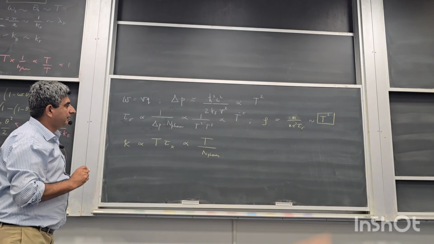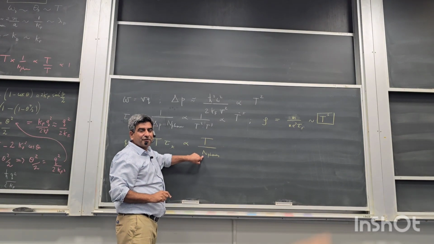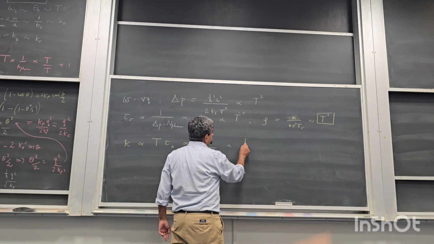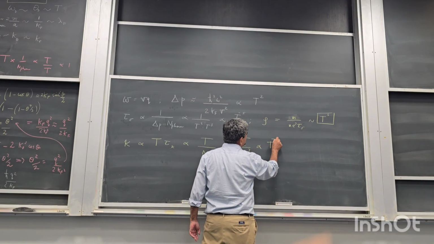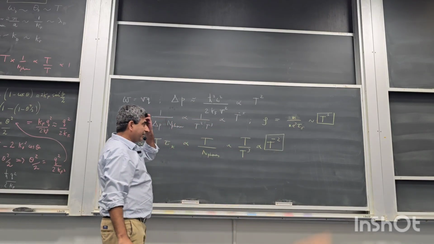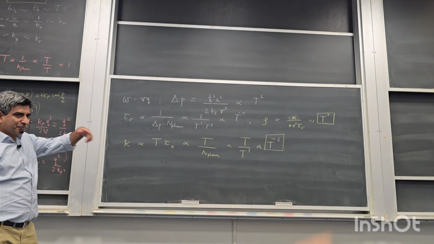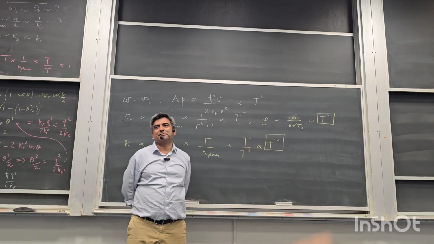Right? And the number of phonons in the system is proportional to T cube. So this depends upon T over T cube, which depends upon T to the power minus 2. So the thermal conductivity at low temperatures would now be proportional to 1 over T square.